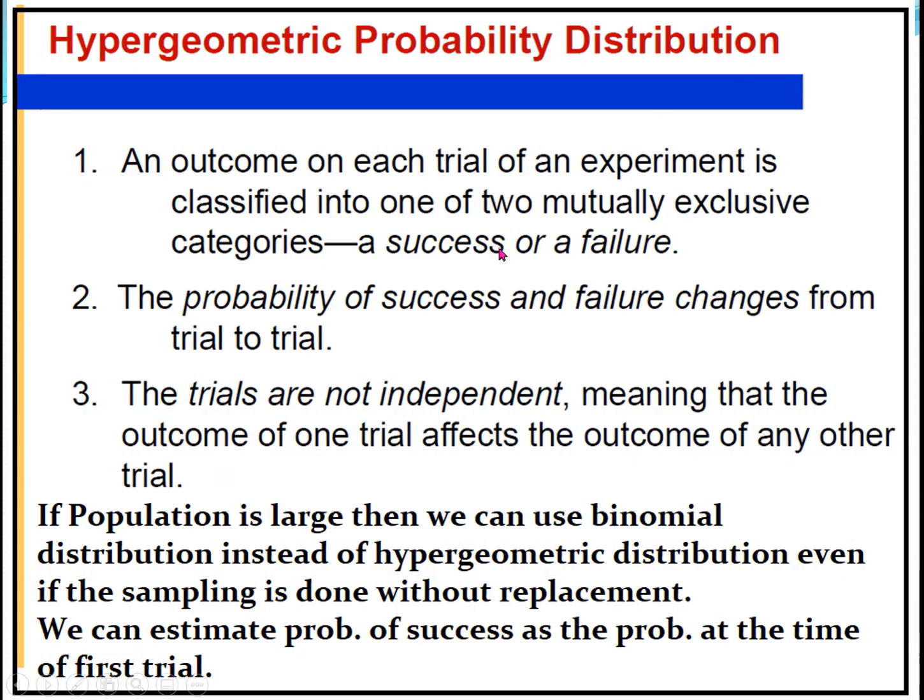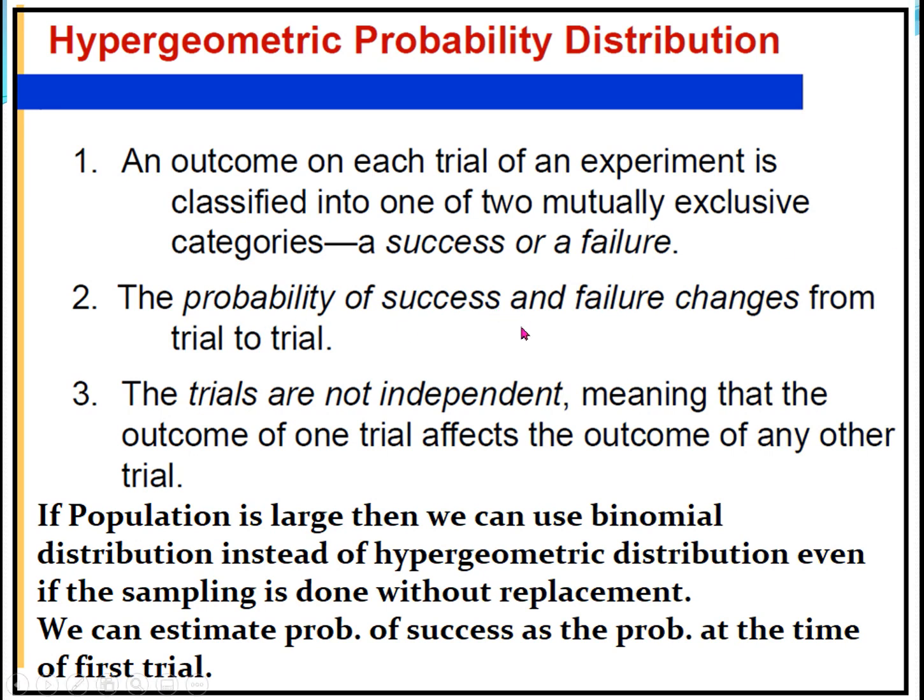So now I have properly enlisted the assumptions here: the outcomes are 2 mutually exclusive categories, success or failure. For example, in the marathon example, the 2 mutually exclusive categories were gender, male and female. Once again, without any disregard to diverse types of gender, only in this example I have considered male and female.